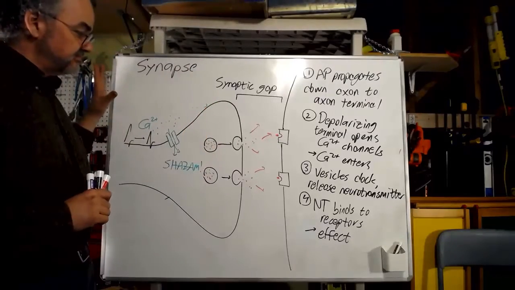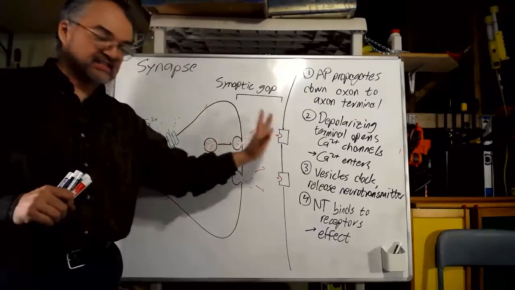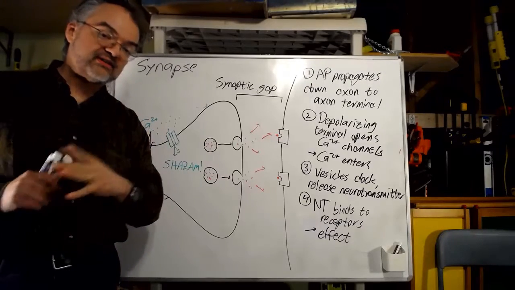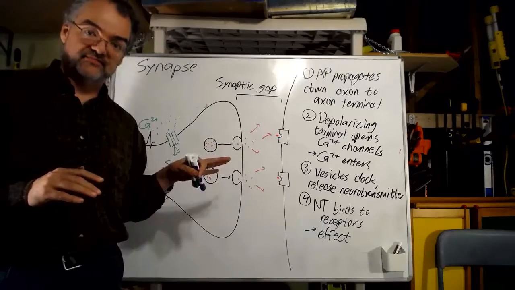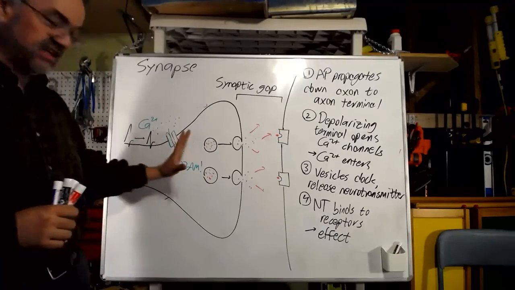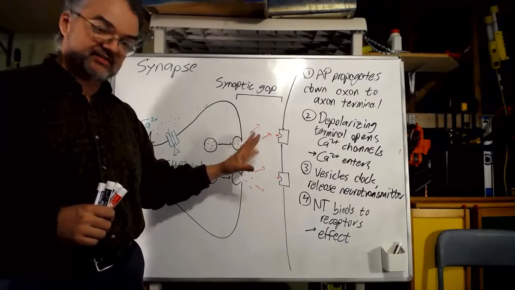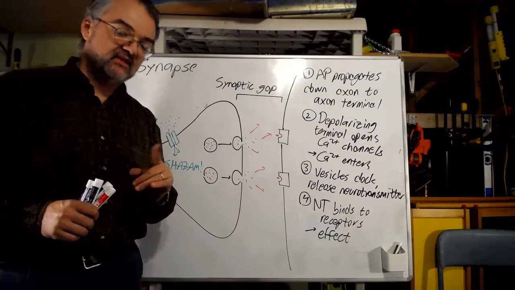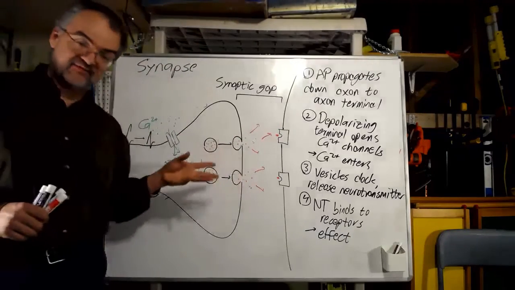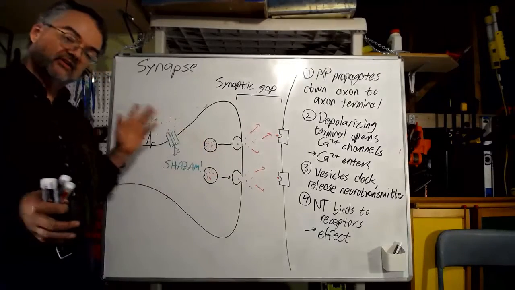So, that's the general process of transmission, but there is an important step that we haven't talked about here, and that's the idea of termination. My action potential gets here, we release the neurotransmitter, it causes an effect, and then what? Because that all didn't take very long, milliseconds.